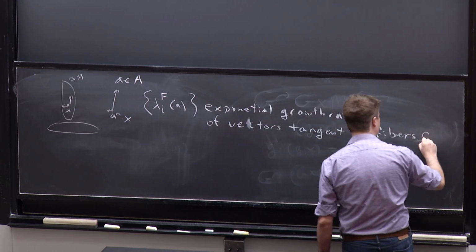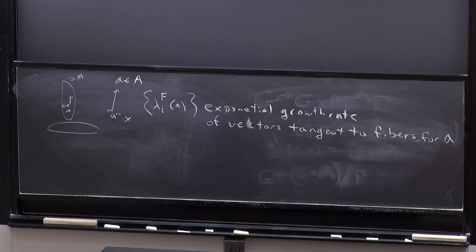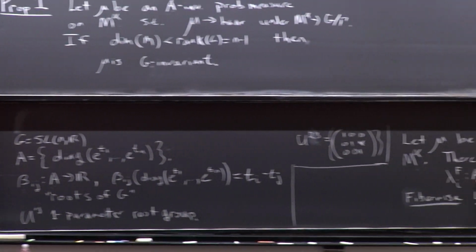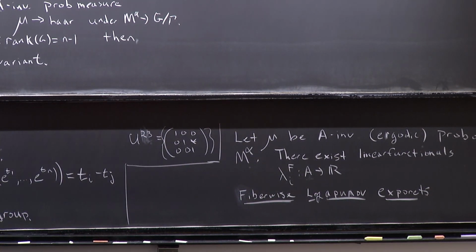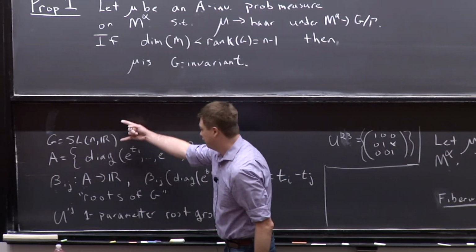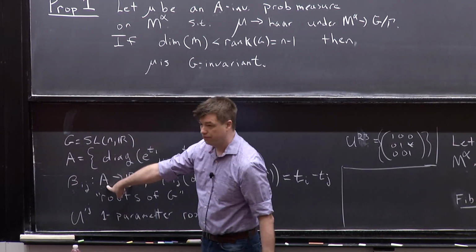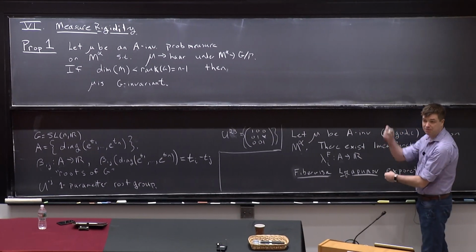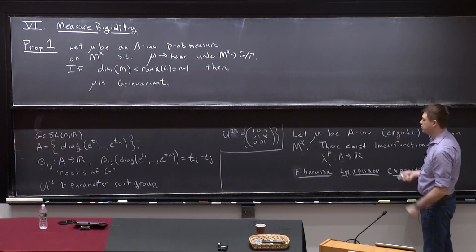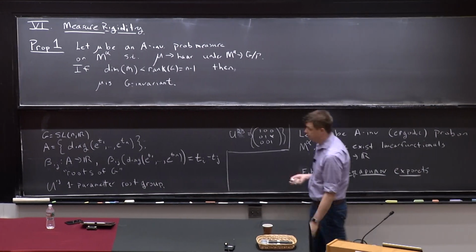And of course, it's for the dynamics of A. So for some element in the acting group A, you look at what it does to vectors, you get a collection of numbers, and these collections of numbers actually assemble into linear functionals on the acting group, just using that this is an abelian group. So you get these two collections of linear functionals. You have one coming from algebra, coming from the roots of the Lie algebra, and you have another collection coming from the dynamics of what's happening in the fibers, that measure the exponential growth rate of vectors tangent to the fibers.